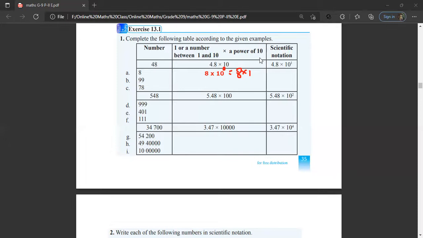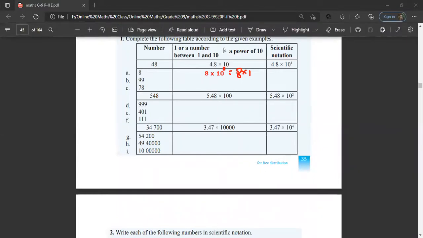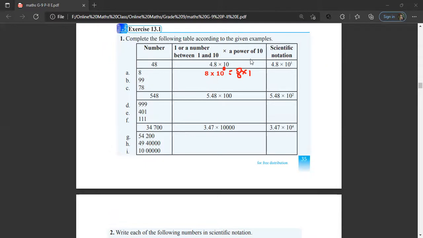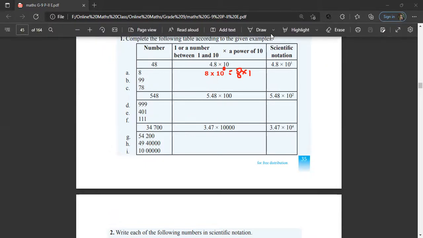F. 1.11 into 10 to the power 2. Yes. G. Yes, anybody?